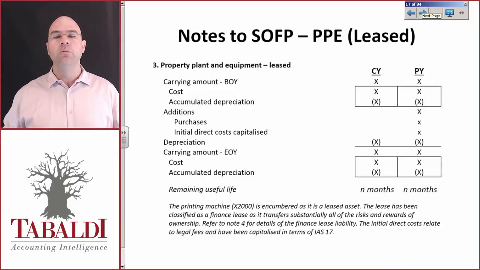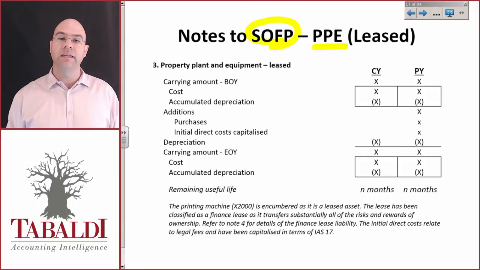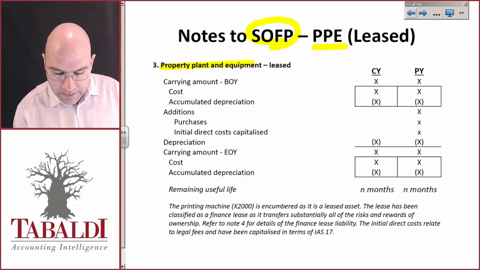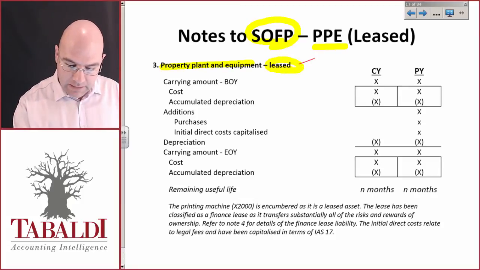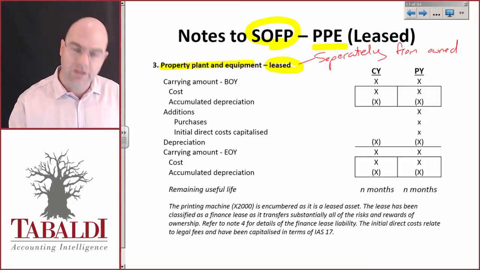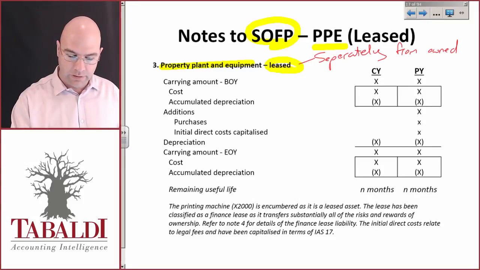Then, moving on to the statement of financial position, let's have a look at the PPE note. Now, you'll see I've done PPE leased, and that must be done separately. Let me write it out separately from owned. Okay, so you're going to separate out the PPE that is leased from PPE that is owned.